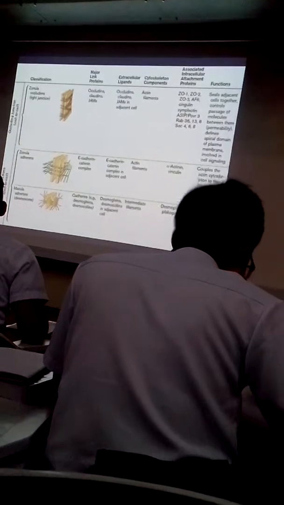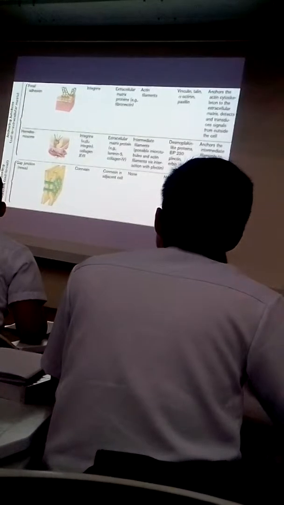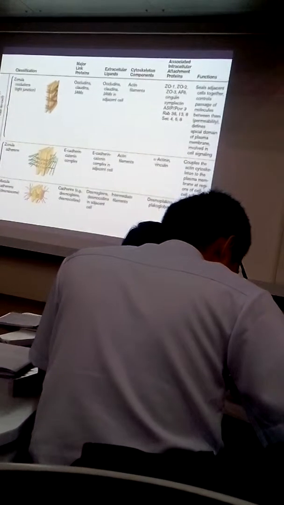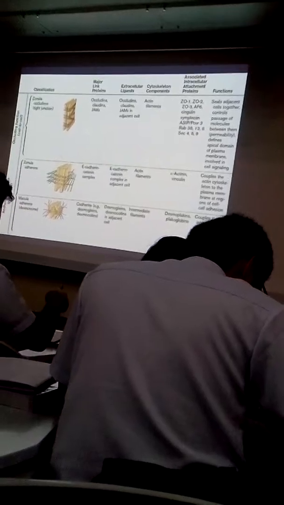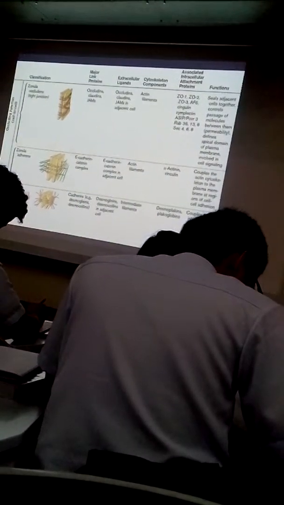The cytoskeleton component is more intermediate filaments compared to the other structures, which would have actin filaments. That's an example of how you have to give emphasis on these tables and all those structures and parts being illustrated in your books. So know the difference between them, because it would differentiate the desmosomes and hemidesmosomes compared to the others.